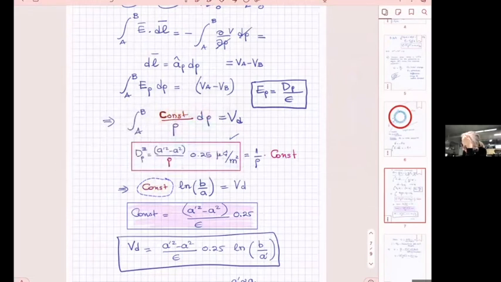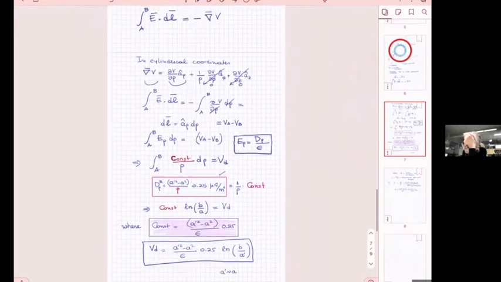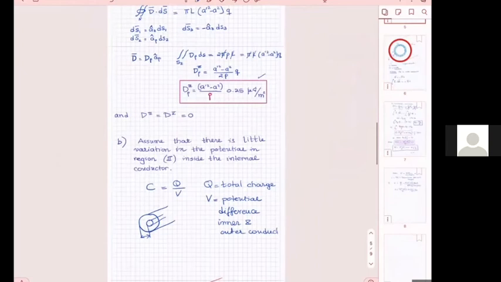All right. Is that clear? Yeah. You just have to follow the solution here to remember how we got that one. You need to remember how we got that one. Okay?